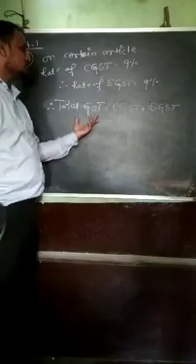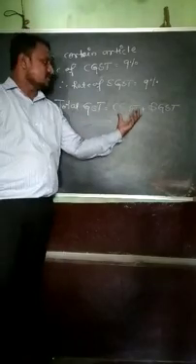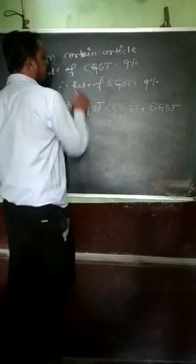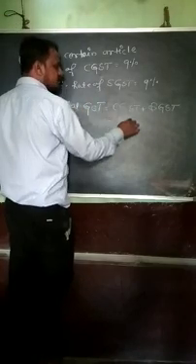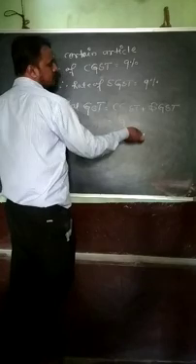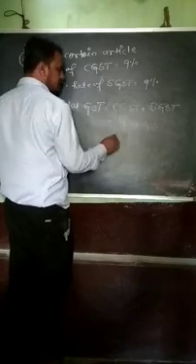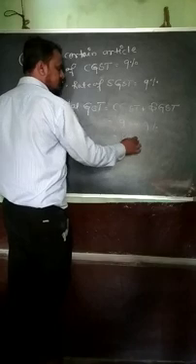Total GST is equal to central GST plus state GST. And we know that central GST is 9% and state GST is 9%, so total GST is 18%. Therefore, the total GST is 18%.